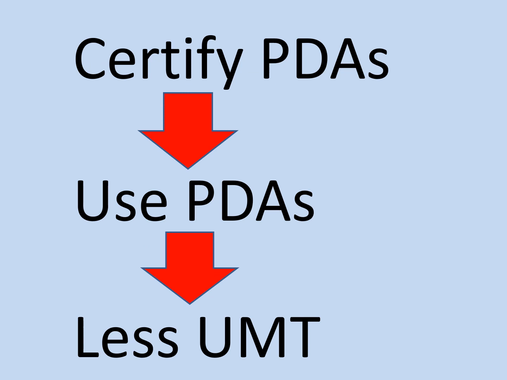And the idea would be, basically, if we certify decision aids, then people will use decision aids because they'll have confidence in them, and then there'll be less unwanted medical treatment, and Medicare won't be spending money on things that people don't even want.